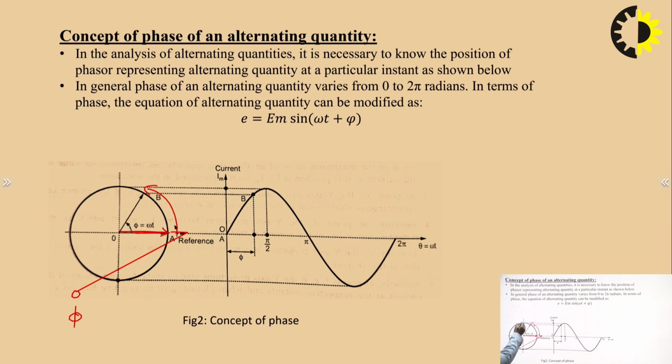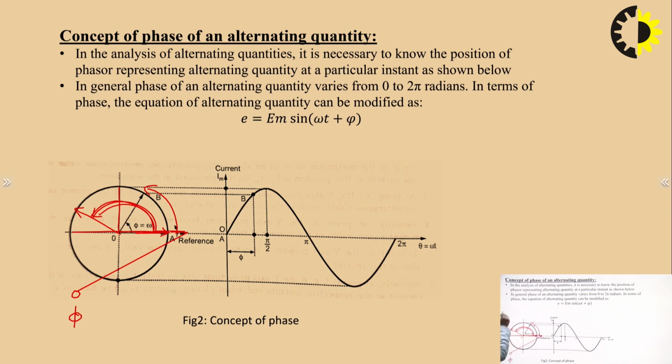Similarly, when it comes here, the angle is 90; when it comes here, the angle is 180, and when it comes here, the angle is 2 pi. We measure the angle from the x-axis or reference axis. Suppose the phasor is here, then this will be the phase angle.